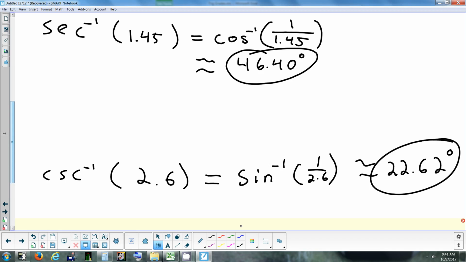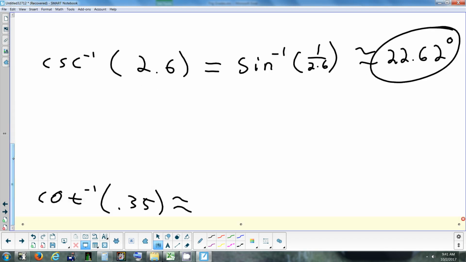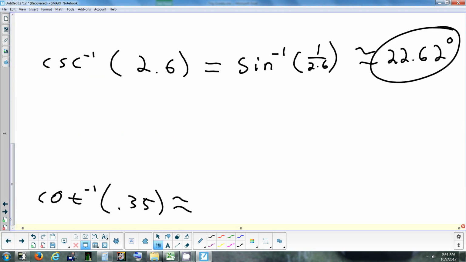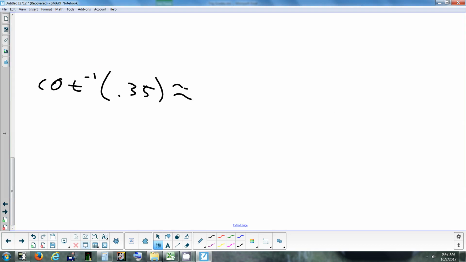All right, and we'll finish up with an inverse cotangent. All right, so Peter, first step. Can you just tell me how to rewrite it? It would be inverse tangent and then 1 over 0.35. Yep. So first you got to pick the reciprocal function, inverse tangent.